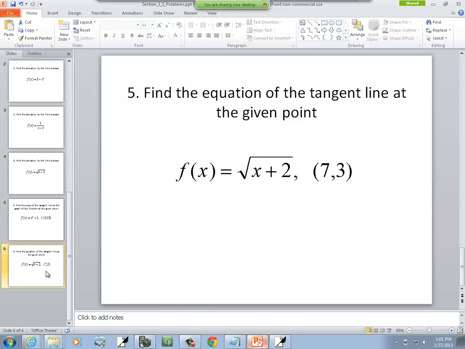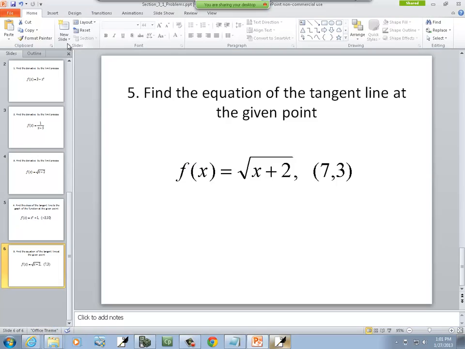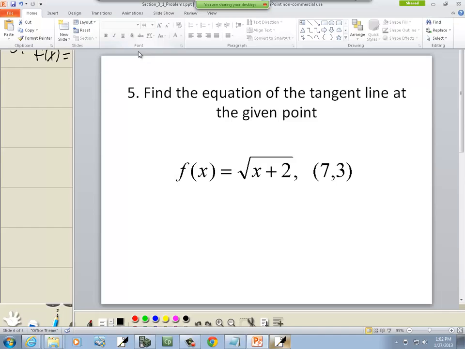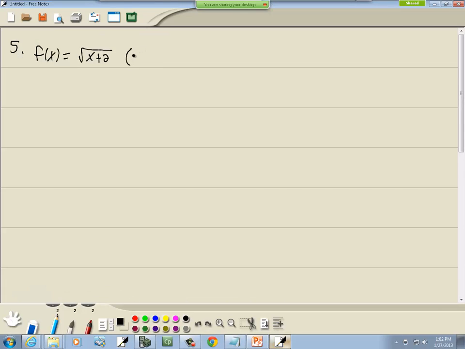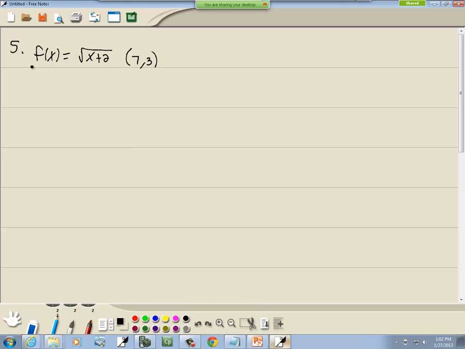And let's look at our last problem. Given f of x is equal to the square root of x plus 2 at the point (-2, 3)... Now this is asking us to find the equation of the tangent line.